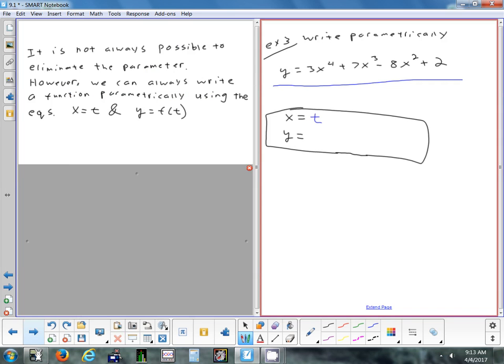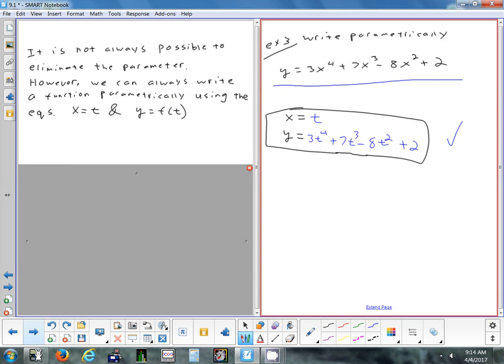So 3t to the fourth plus 7t cubed minus 8t squared plus 2. And technically that's parametric, because you've written it with two equations. Your x equation is so simple, you wouldn't really bother doing this. Why not just leave it as a function if you're going to do that?